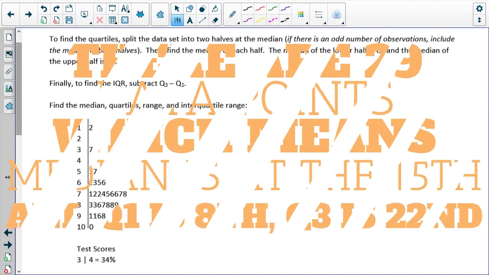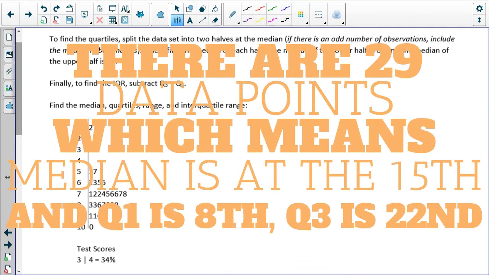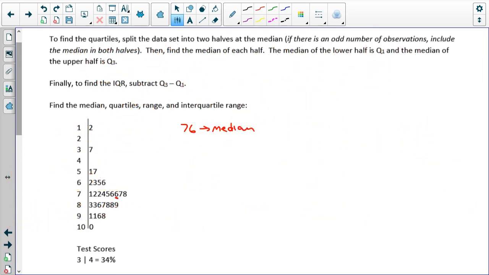So when we look at this test score situation that we had earlier, 76 is the median. I just simply counted. It's actually the second 76 that is the 15th value. So 66 is going to be Q1. And 1, 2, 3, 4, 5, 6, 7, 8. 88 is going to be Q3.